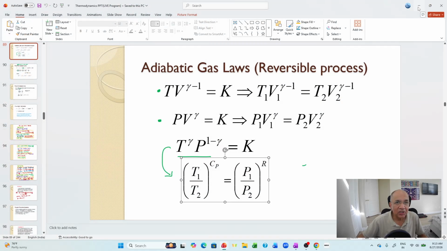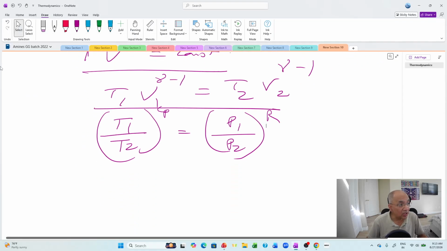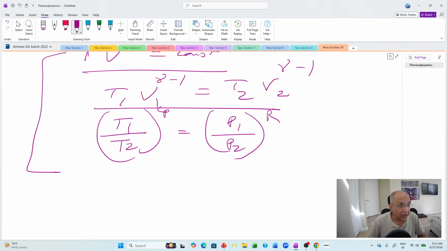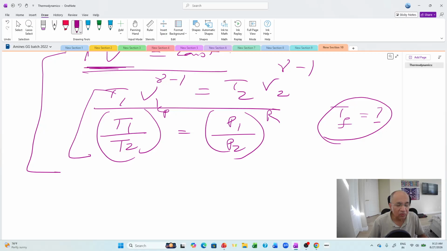So you will use these three equations whenever required, particularly these two, but this doesn't give you temperature directly; first get the final temperature. Then use that to get the work done or change in internal energy, whatever. Now the derivations are there in my notes.